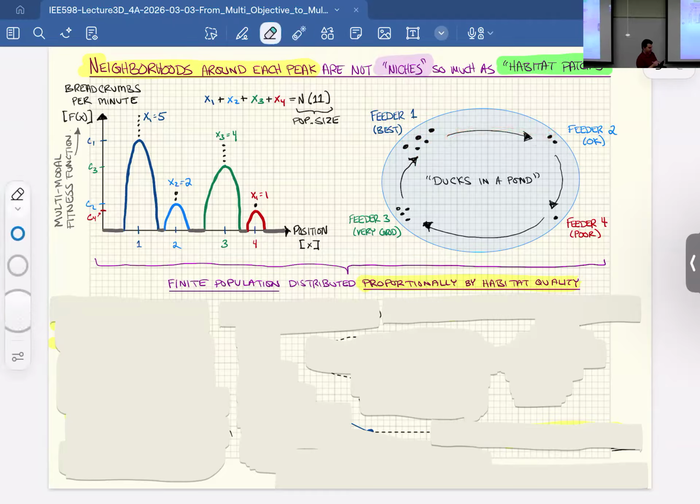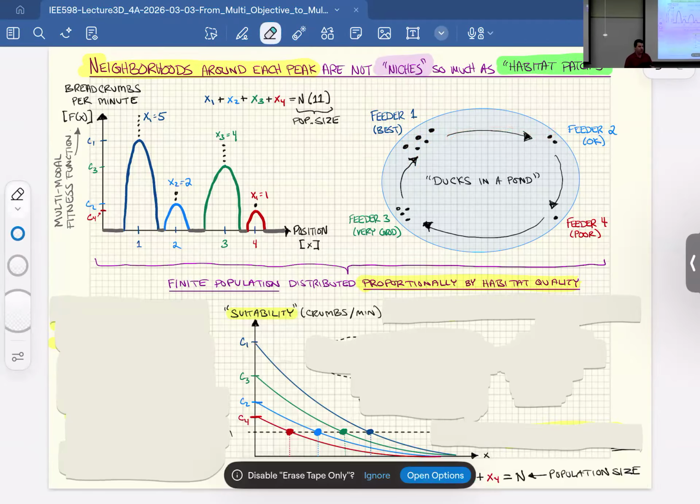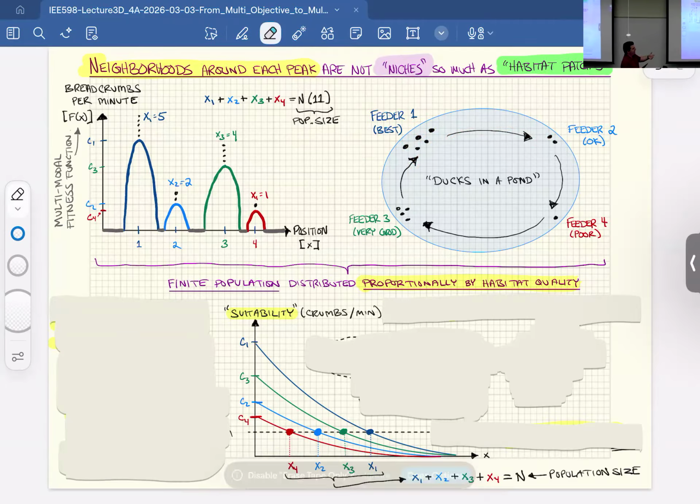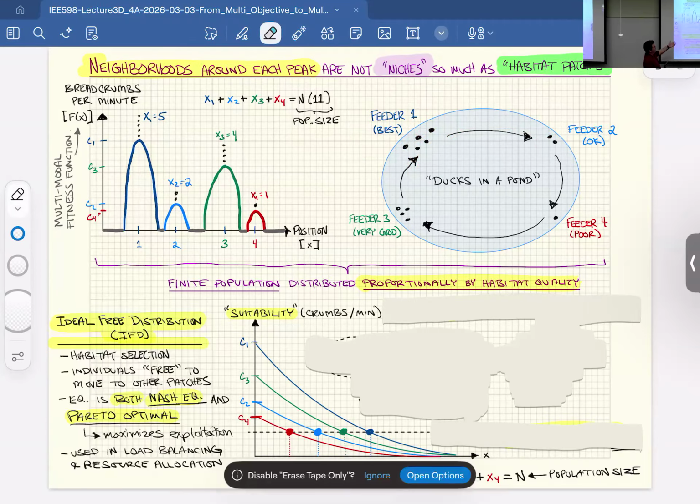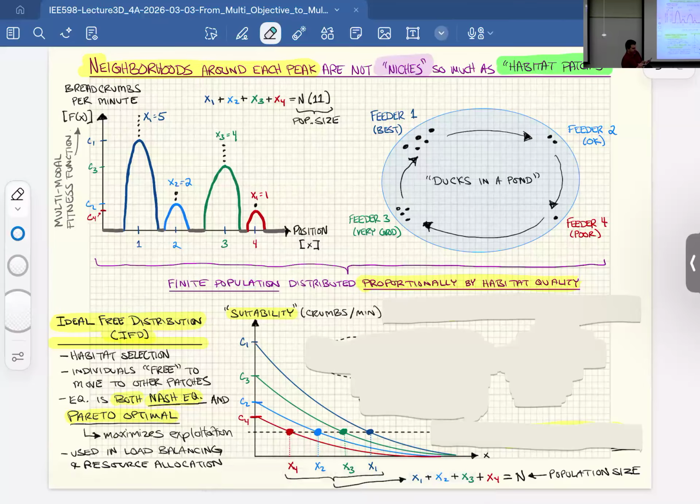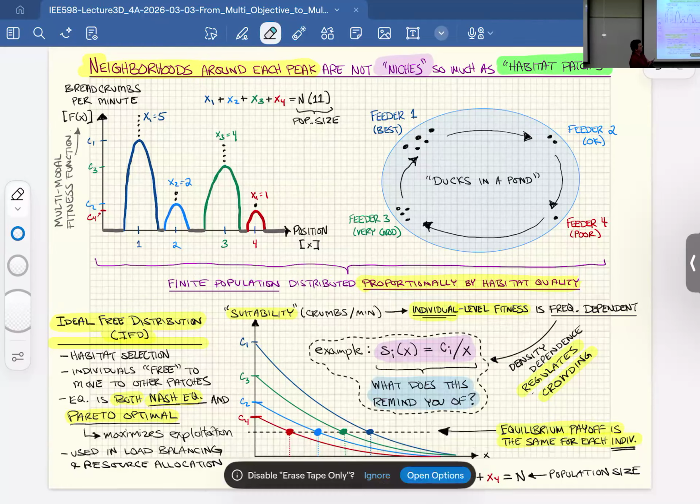So this is something that in ecology, we refer to as suitability functions. And I'm going to pick up with this next time. But this is something that we also use in robotics. It's called the ideal free distribution. And so I'll go into all of these details next time.